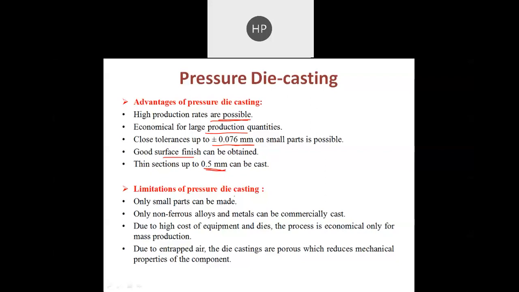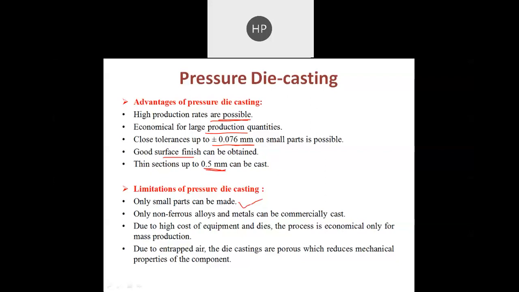Then it has a certain limitation, that only small parts can be made by pressure die casting, because there are certain reasons, like the manufacturing of a die for a big product is very difficult.